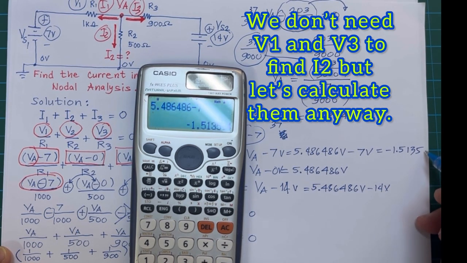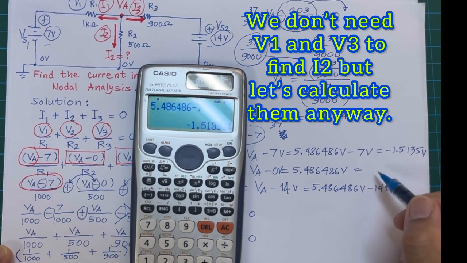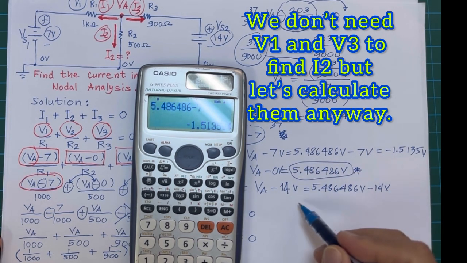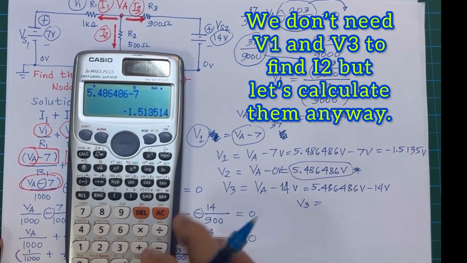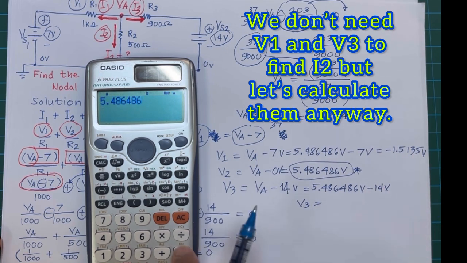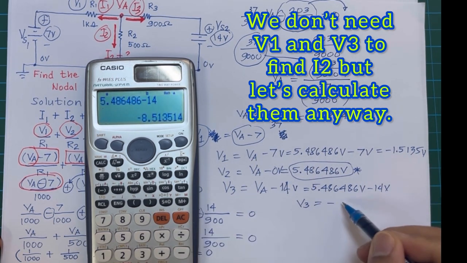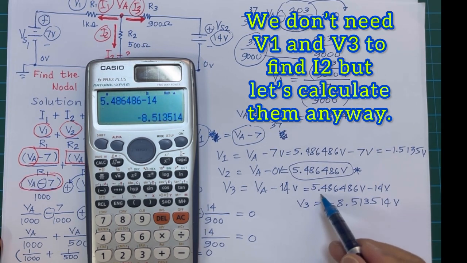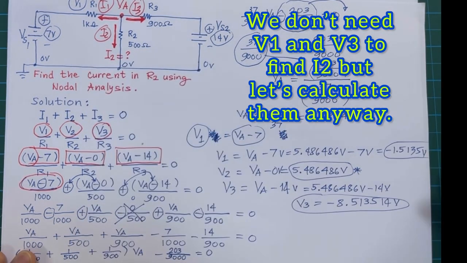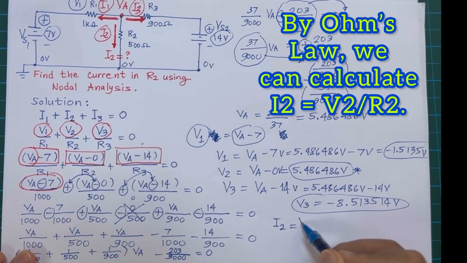So we have here negative 1.5135 volts. And of course, this is the same value, 5.486486 volts. And for V3, minus 14, it will become negative. And as I have mentioned, the negative sign means that the answer is not really wrong. Later, it has something to do with the current direction, although we will not calculate that.